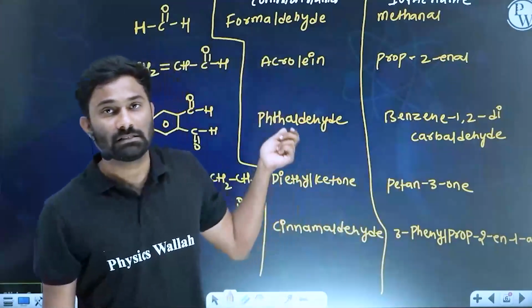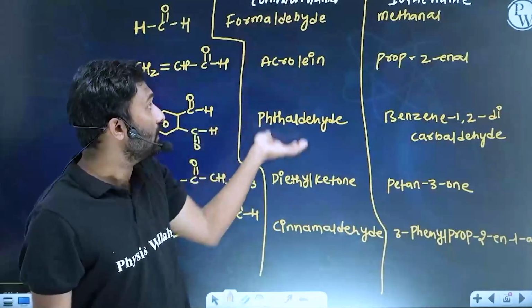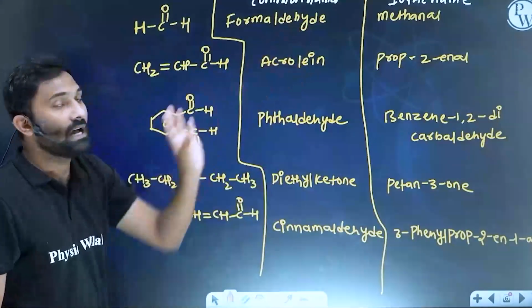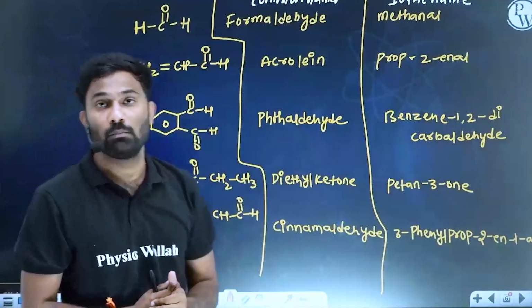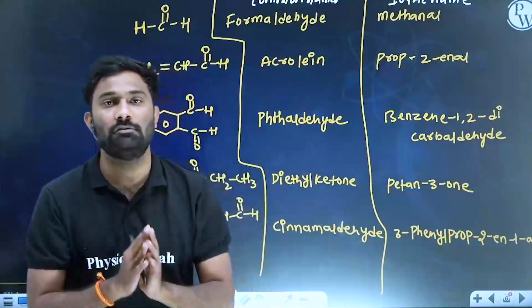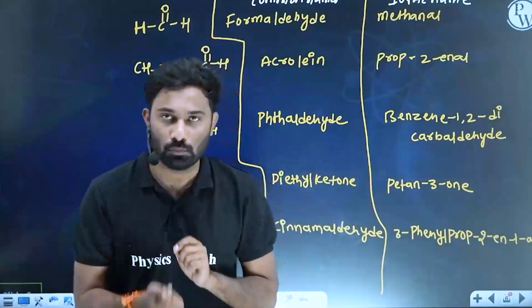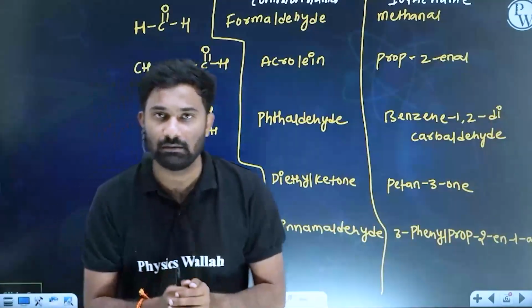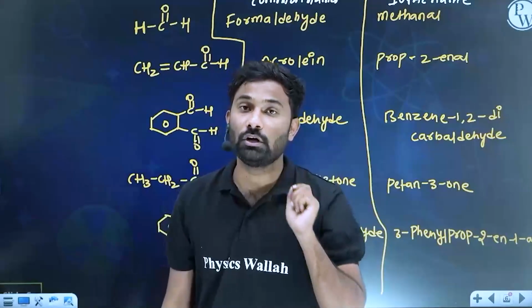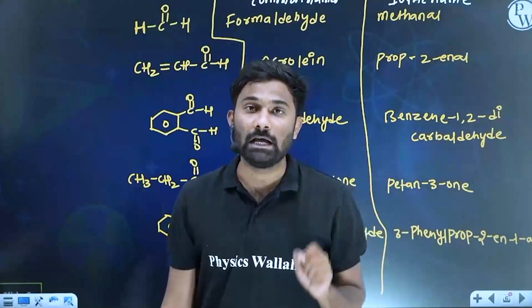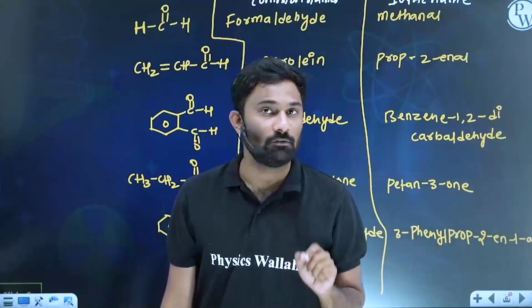That's the reason remembering the common names and IUPAC names of compounds is very, very important. If you want to score more marks in organic chemistry, first you have to be perfect in the IUPAC.